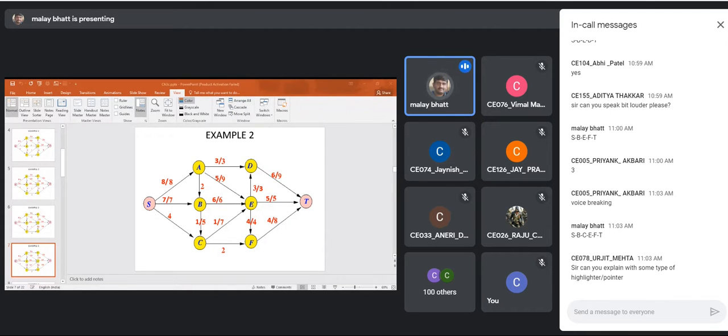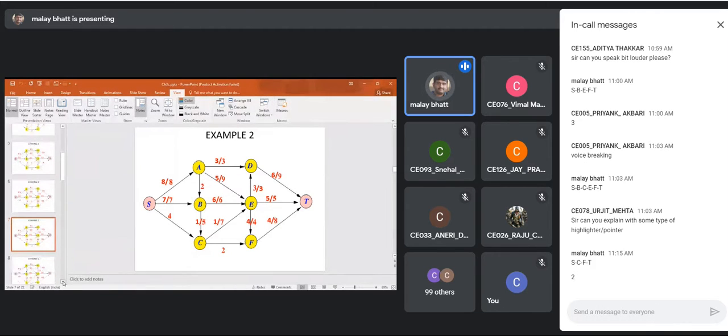So we are just working on the last one, S2. C2F, F2T. And this is giving here a flow value of 2. So now as a result, we are getting this one.